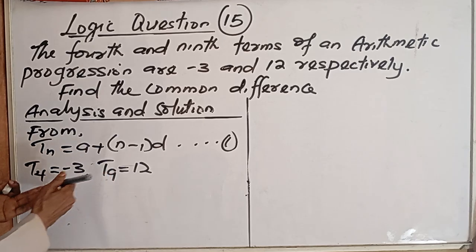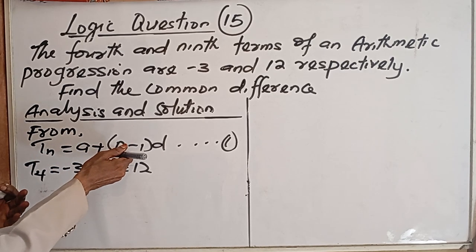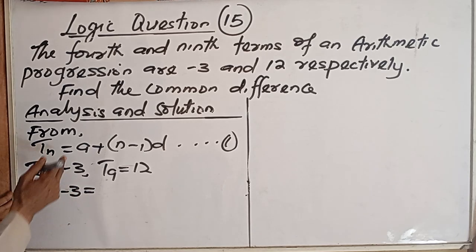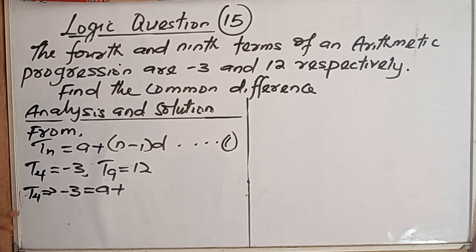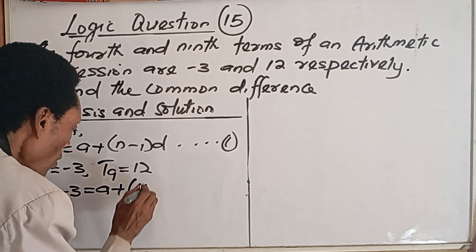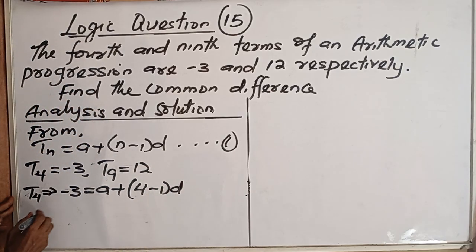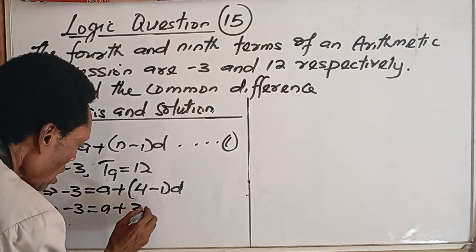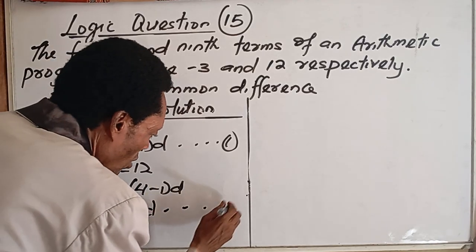From this, we can substitute into the formula. For the fourth term, wherever you see Tn, write -3, equals A plus, n is 4, so 4 minus 1 times d. So -3 equals A plus 3d, since 4 minus 1 is 3. We give this as equation 1.